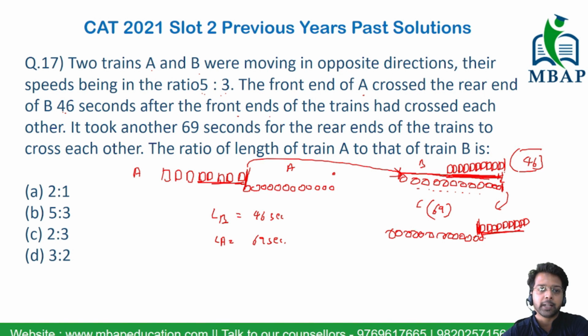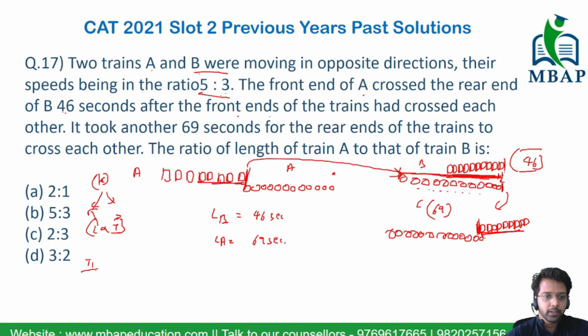Now mind you, I repeat, the relative speed of A versus B, since both of them are moving in the opposite direction, will be constant. And if the relative speed is constant, the length will be directly proportional to the time. The more the time, the longer the train would be. I already have the time taken to cover the length of A and the length of B, which is 69 upon 46 seconds.